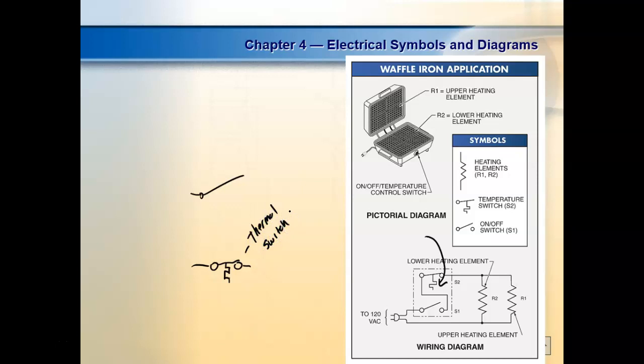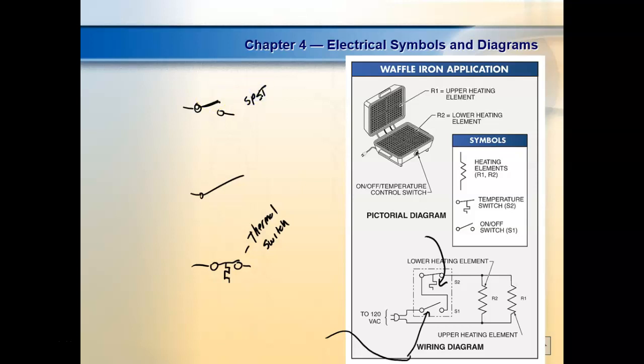I told y'all where all the symbols were in the back of your book, in the appendix. This is a symbol for a what? No, it's not a relay, and this is not a limit switch. Those only come into play elsewhere. This is a single pole, single throw switch, right?